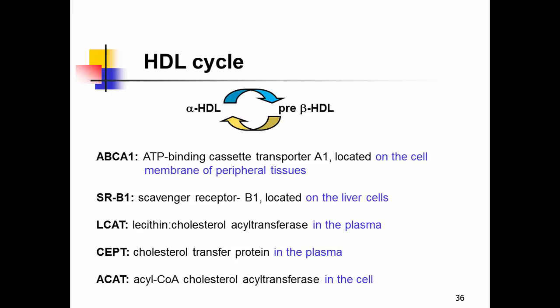Their function is to catalyze the esterification of free cholesterol to cholesterol esters, right? But they have a different location. LCAT is in the plasma circulation, and ACAT is inside of cells, right? They have the same function but different locations. They catalyze the same reaction, that is esterification of free cholesterol to cholesterol esters.